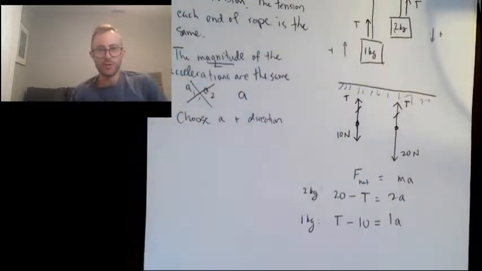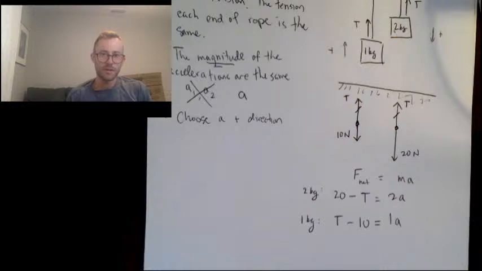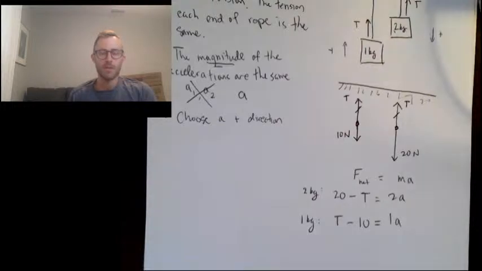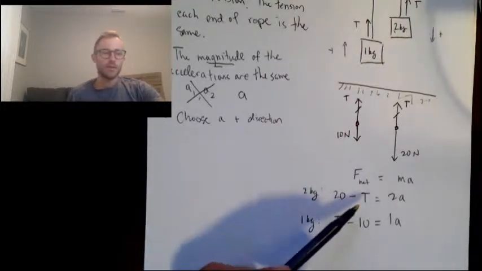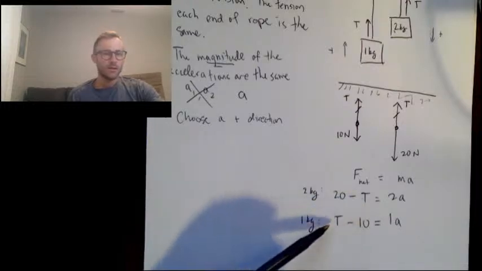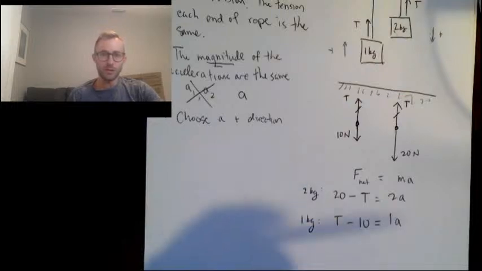So we've written 2 Newton's second laws for 2 different masses. For one of the masses, upward was positive, and for the other one, downward was positive. Notice how I only have one tension variable because the tension at one end of the rope is the same as the tension at the other end of the rope.